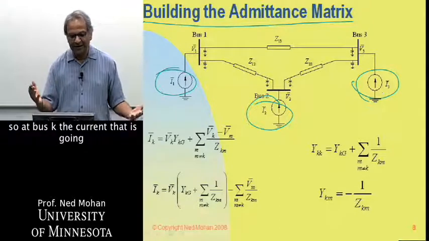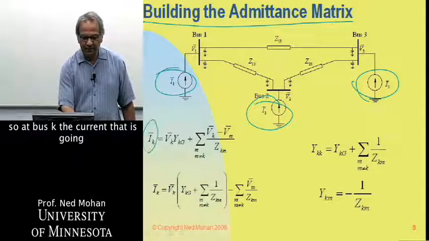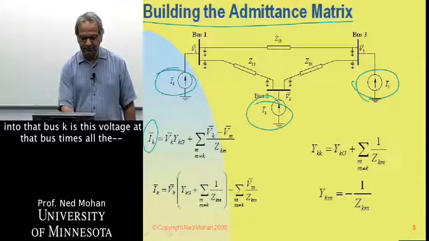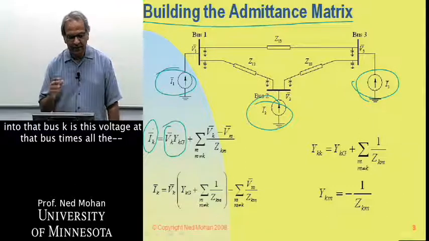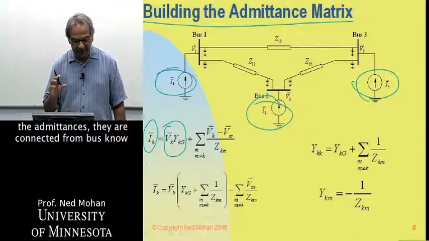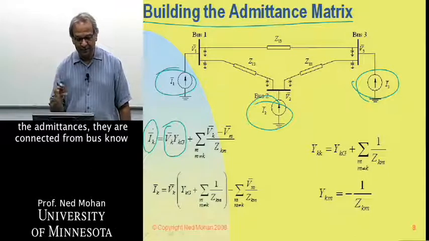At bus K, the current going into that bus K is the voltage at that bus times all the admittances that are connected from that bus K to ground.